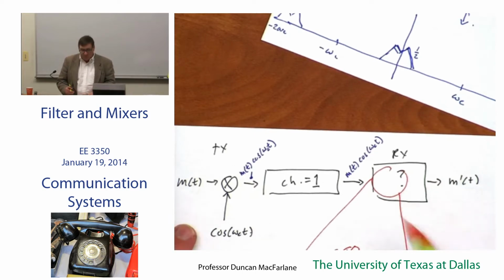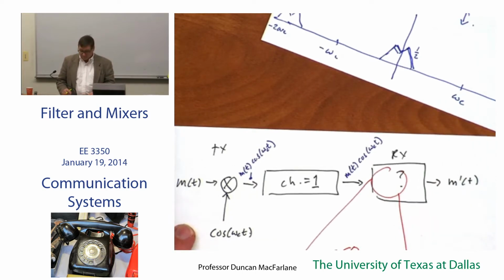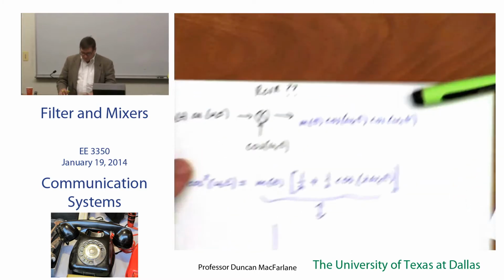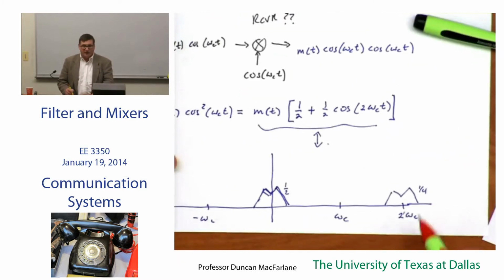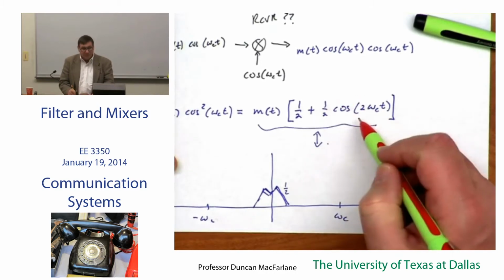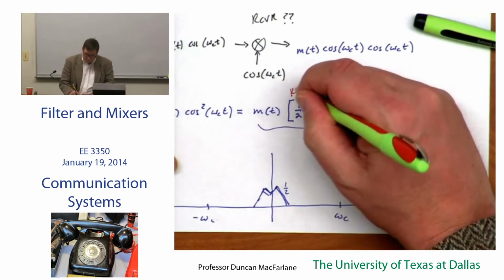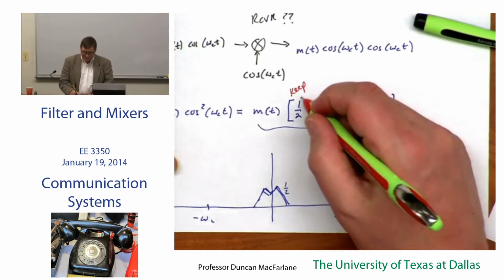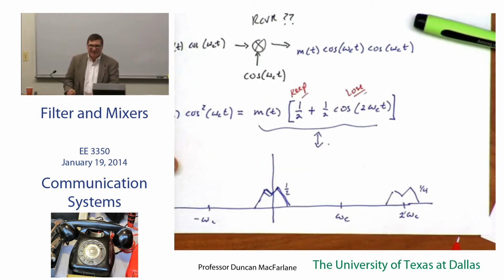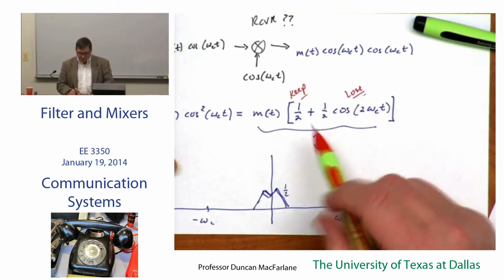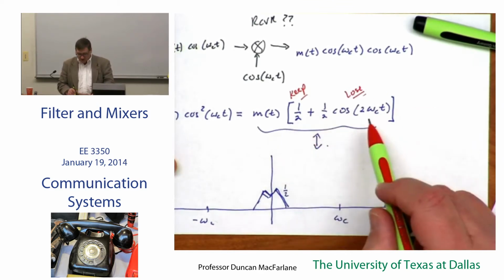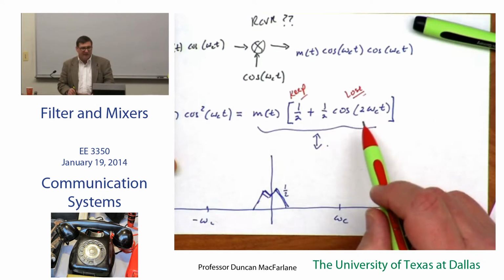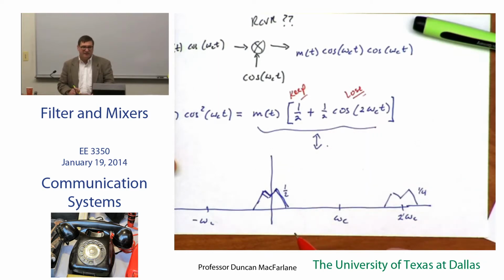One seems to be to have a multiplier in there, a mixer in there. But it's not quite there yet, because I still have these frequency components, and I don't want these frequency components there. I want to keep this guy here, and I want to get rid of this guy here. So how do I sort this guy and unpick that guy? What do I do? Low pass filter.